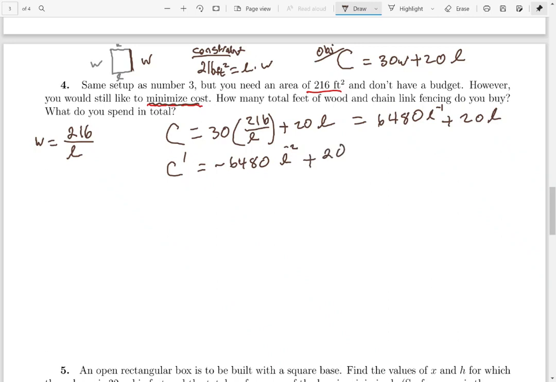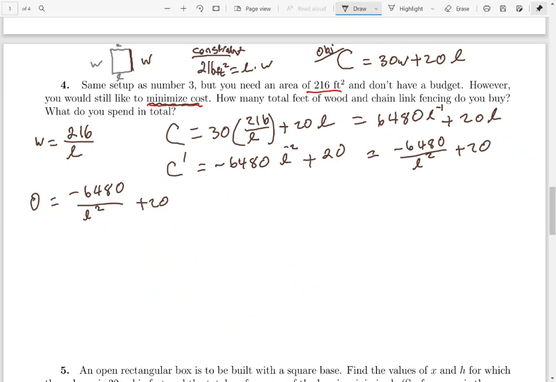And then I'm going to rewrite this because, of course, I need to set this equal to 0. So this is the same thing as negative 6,480 divided by L squared plus 20. I'm going to set that entire thing equal to 0. 0 is then equal to negative 6,480 divided by L squared plus 20.